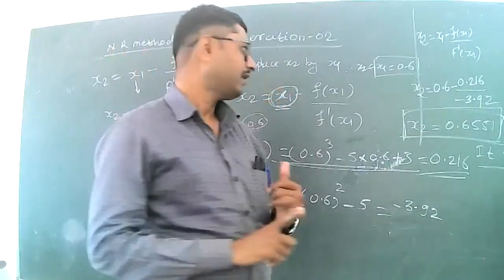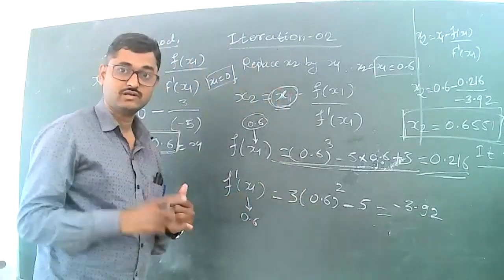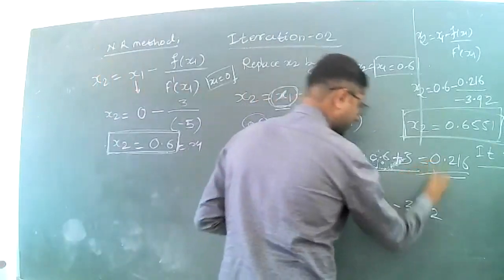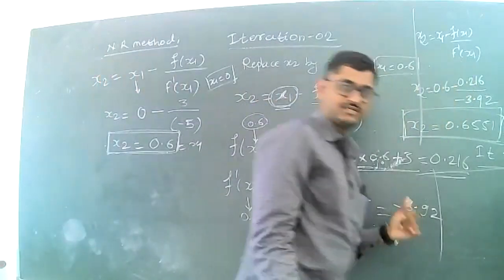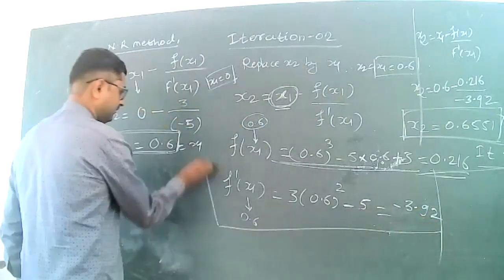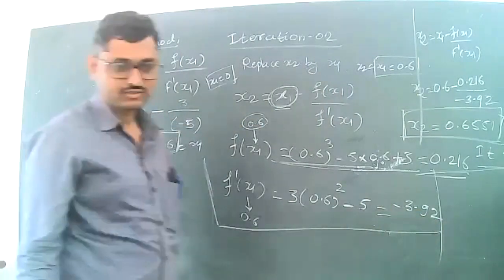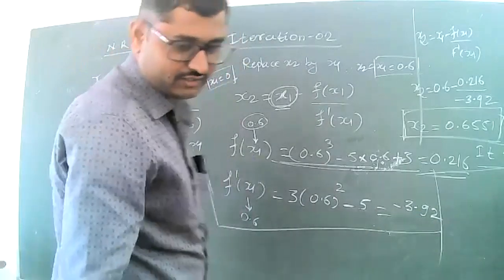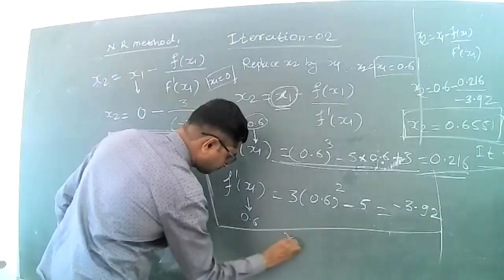After calculation, for iteration number 3 the answer is x2 is equal to 0.6566.